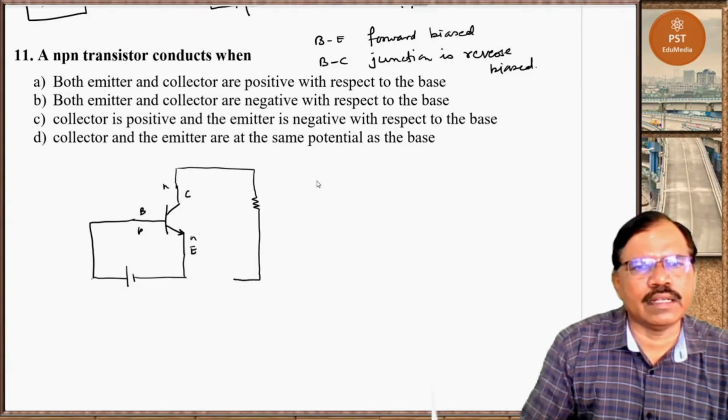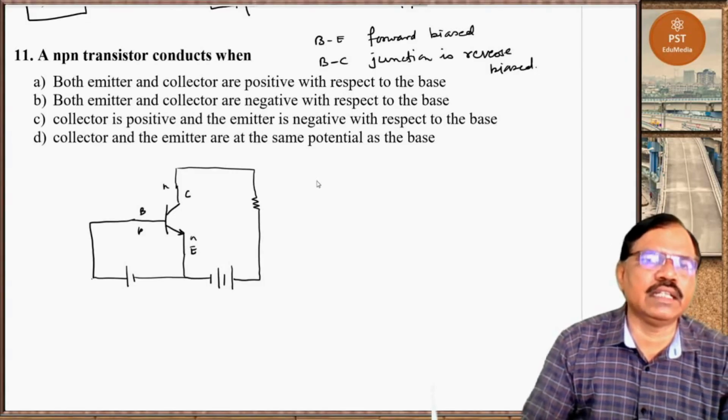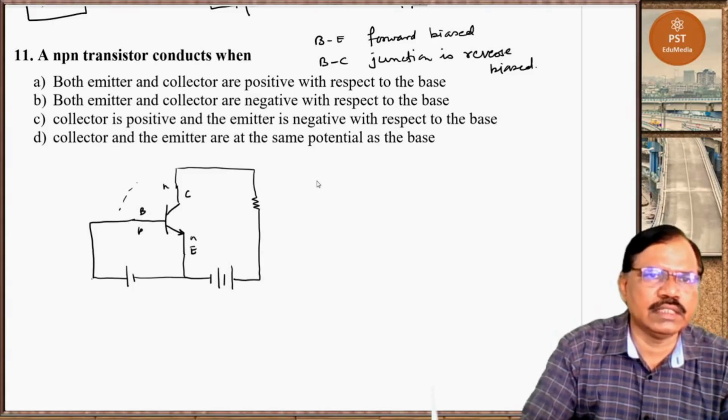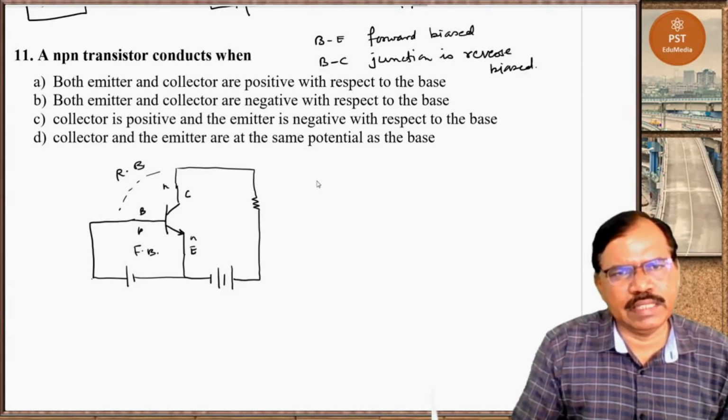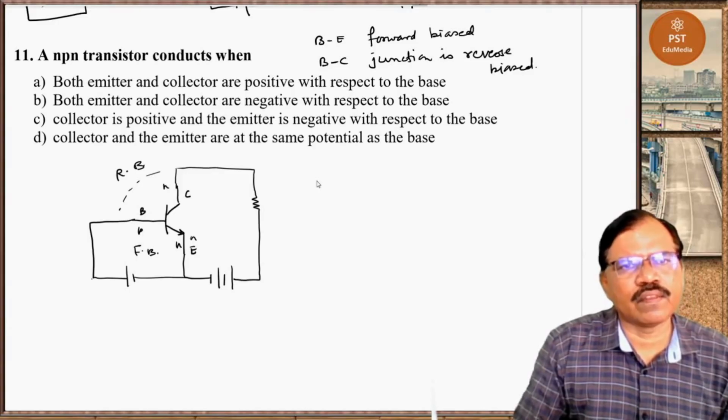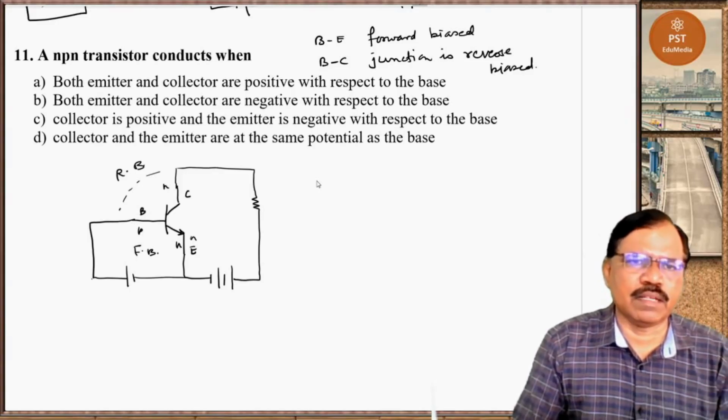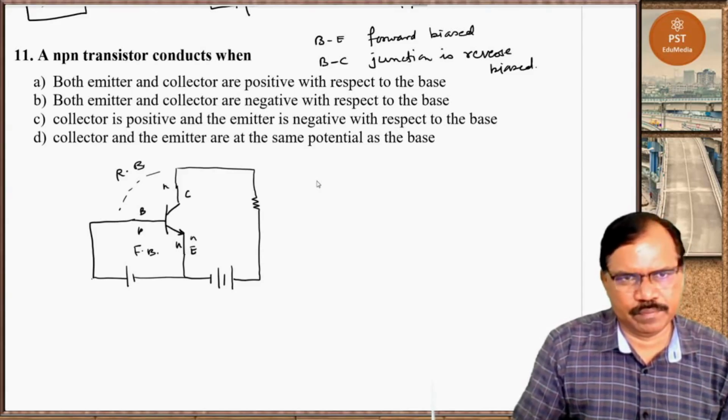Now collector base junction is reverse bias. So this junction is reverse bias. This junction is forward bias. Now for forward bias of PN junction, here base must be at higher potential than emitter.